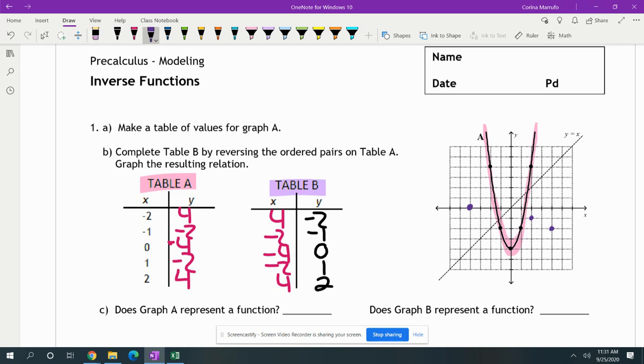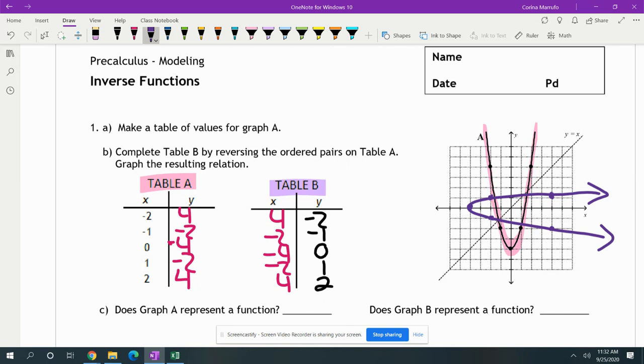This is something weird. -2, -1. There you go. I forgot how to graph points for 2 seconds. All right, and then -4, 0, -2, 1, and 4, 2. There you go. And that's what your graph looks like.